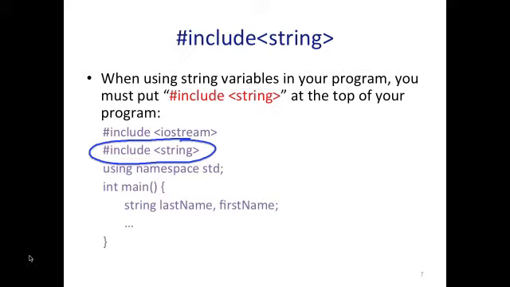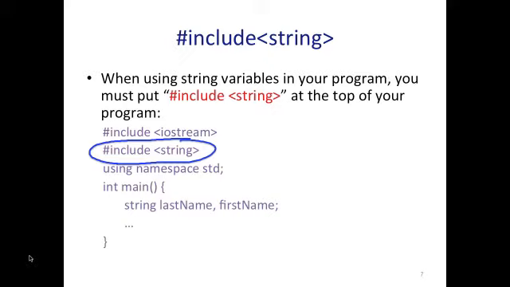Nothing needs to be done for characters and bools. Basically, for characters, we haven't talked about bools yet. We call numbers and chars built-in data types. They're the basic types that C++ understands.